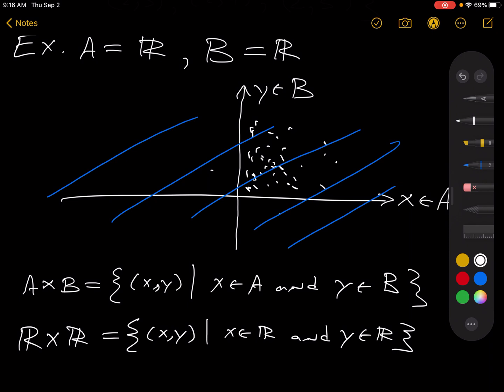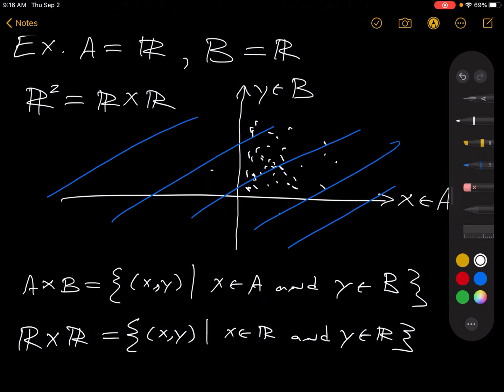Now often, instead of writing R cross R to represent the xy plane, you'll see something like this, R squared. R squared is shorthand for R cross R. Now the cross product, as we have it defined in our class in Math 189, is not the same as the cross product that you'll see in Calc 3.